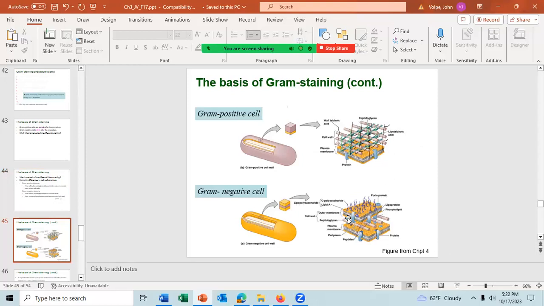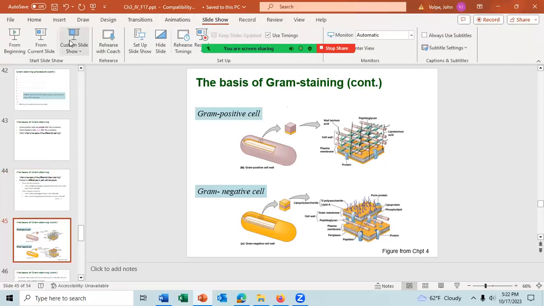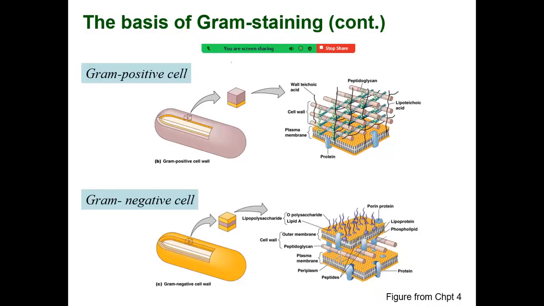So let's look at the basis of the gram stain. Let me blow this up. So here we see our cell. There's a gram-positive cell. It has a fairly thin yellow layer, which is the cell membrane, plasma membrane, and then a thick peptidoglycan layer of purple.